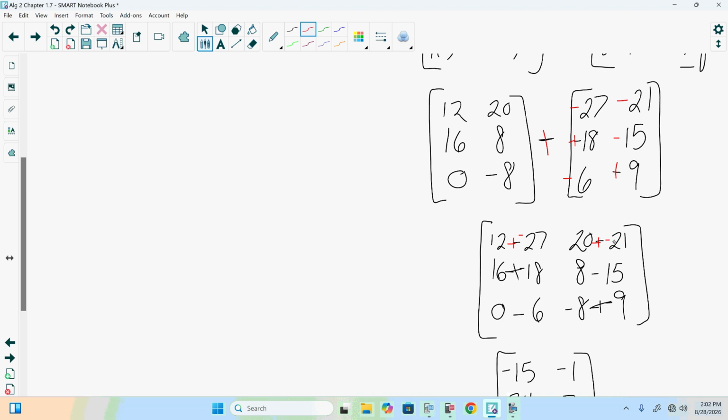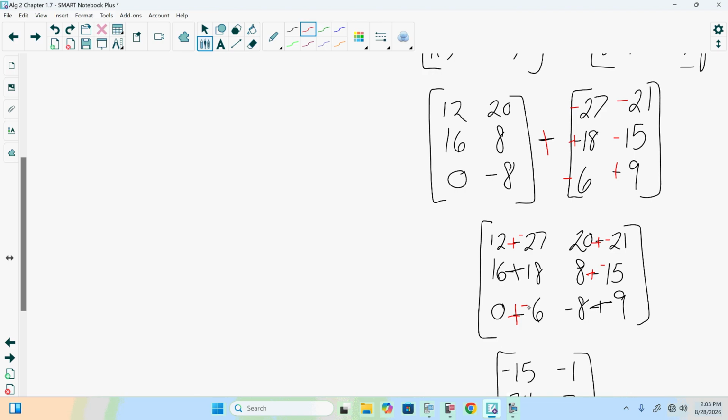That's still 20 minus 21, yes? So now we have 16 plus positive 18. 16 plus 18. 8 plus negative 15. 0 plus negative 6. And we have negative 8 plus 9.